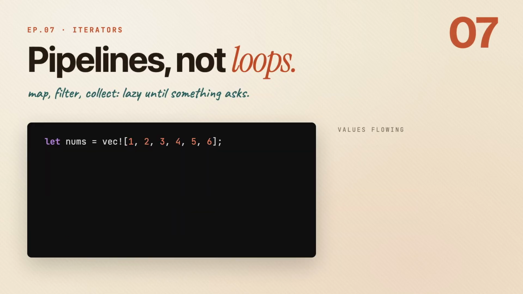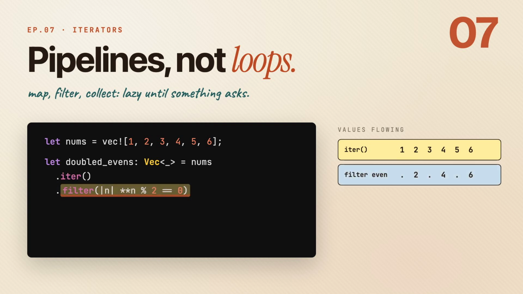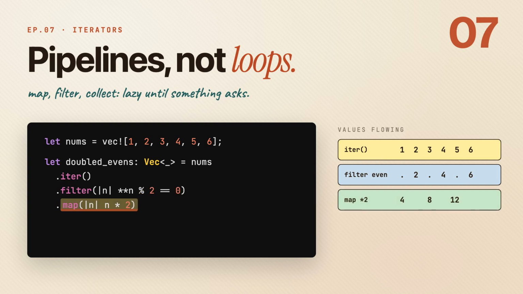Let's build a real pipeline and start with six numbers. iter walks them, 1 through 6, and nothing has happened yet. Remember, iter is quite lazy. Now filter keeps the even ones, 2, 4, 6 fall through, and map doubles each one: 4, 8, 12.